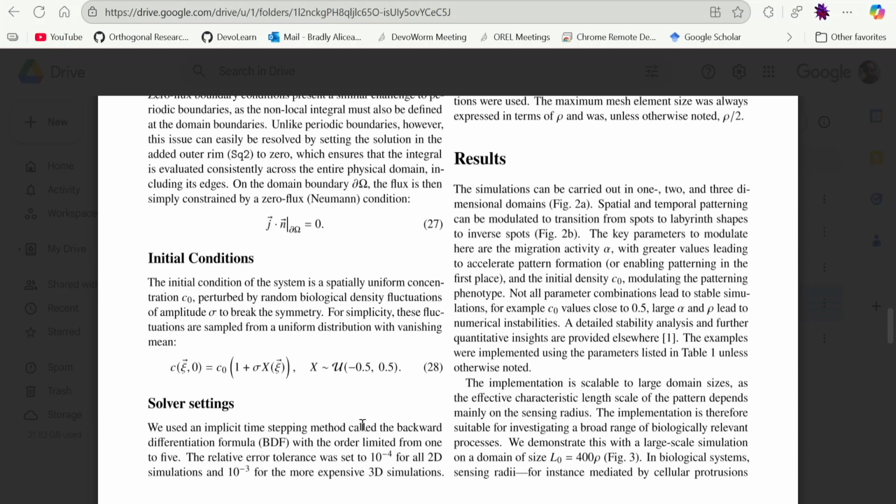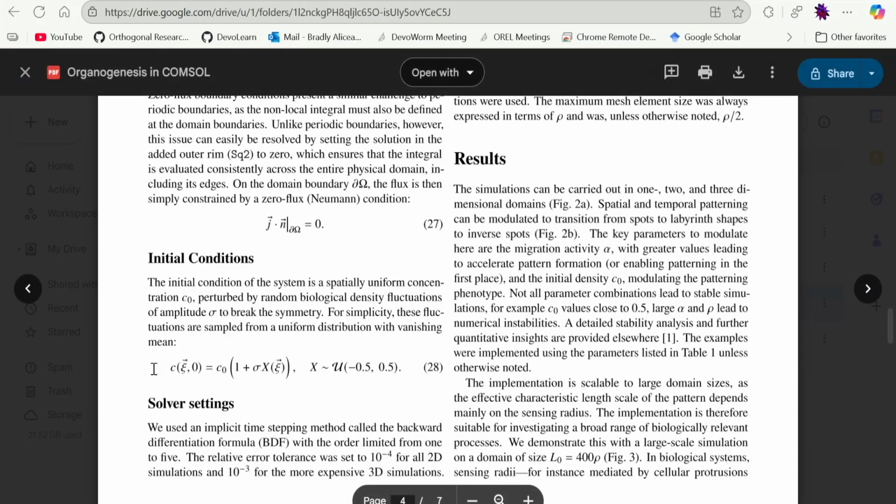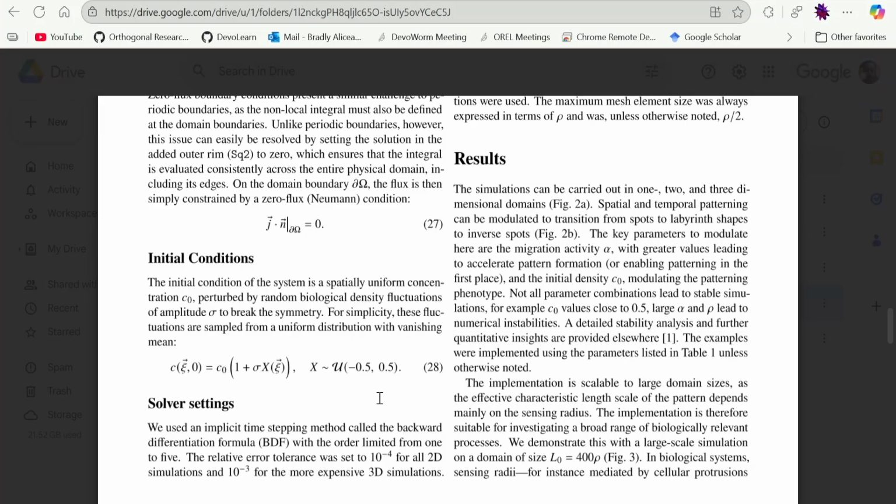Then they have an initial condition, which is a spatially uniform concentration, C0, perturbed by random biological density fluctuations of a certain amplitude to break the symmetry. For simplicity, these fluctuations are sampled from a uniform distribution with a vanishing mean, so this is the term. And so they basically have this spatially uniform concentration that gets perturbed by these fluctuations that come from a probability density function that's defined here.